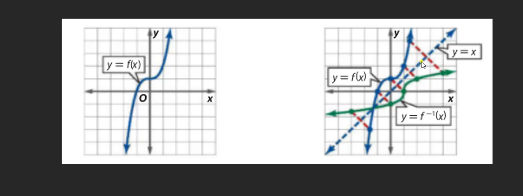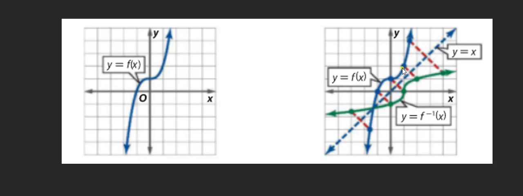And notice, this is y equals x, and this is a graph of f of x. If there's a point right here, and exactly opposite on the other side of y equals x, at the same distance, there's another point on f inverse of x. And this has to be perpendicular. All these lines have to be perpendicular.